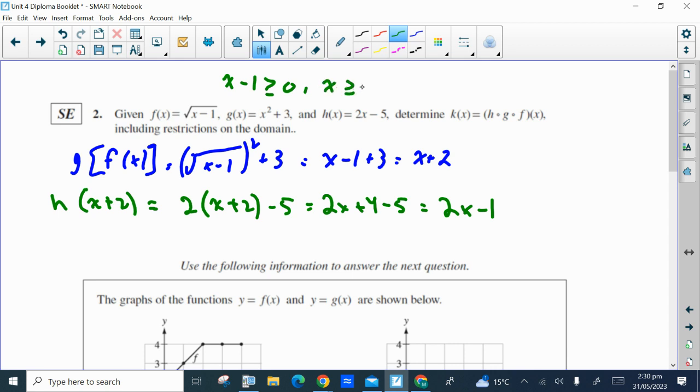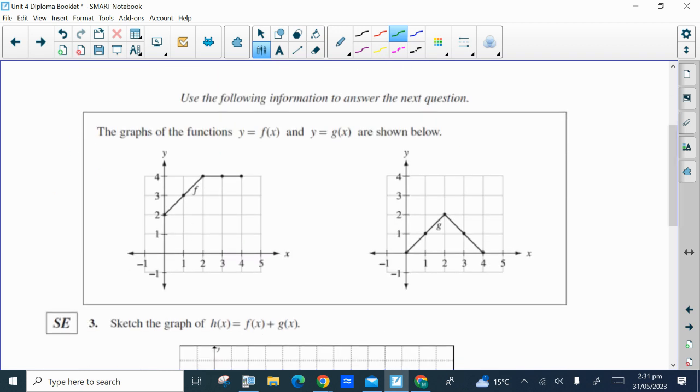So x has to be greater than or equal to 1. There's the restrictions on the domain. So it doesn't really ask us to state the domain, it just asks us to state the restrictions. So these are the restrictions. If it's asking us to state the domain, then we choose either interval or set notation and use the proper form. Okay.